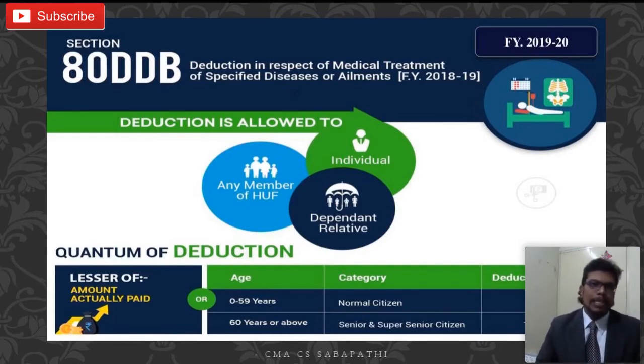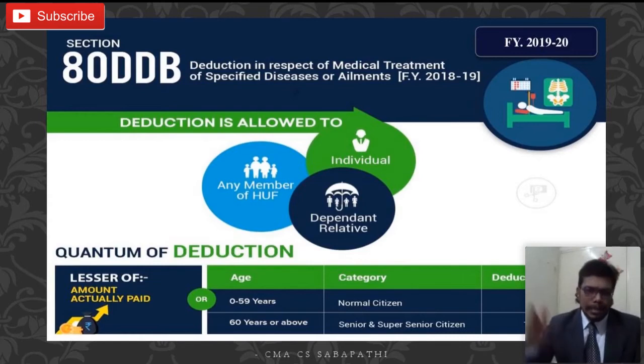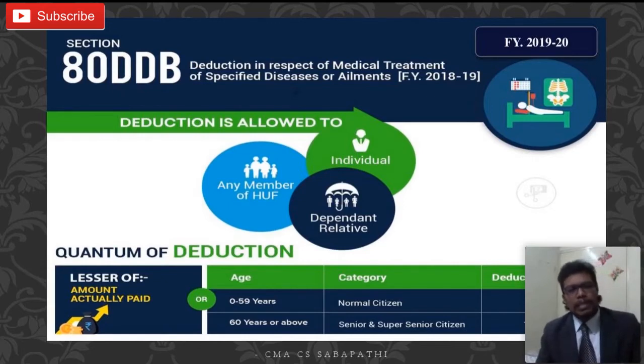In this case, if you have some specific diseases listed under the Income Tax Act 1961, based on proof of whatever amount you have spent, you can claim up to 40,000 for a normal citizen.